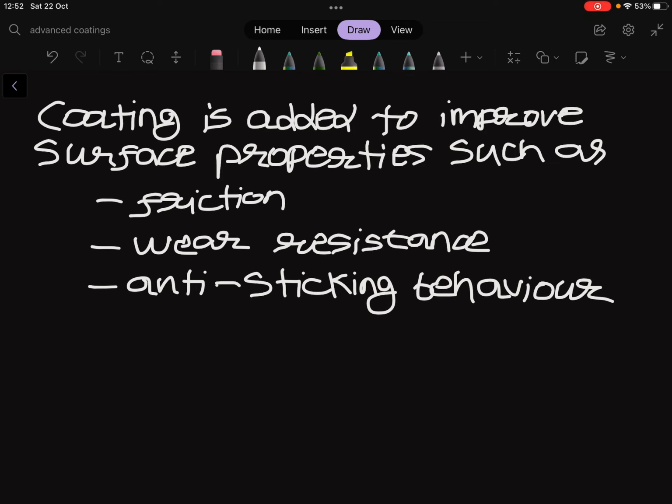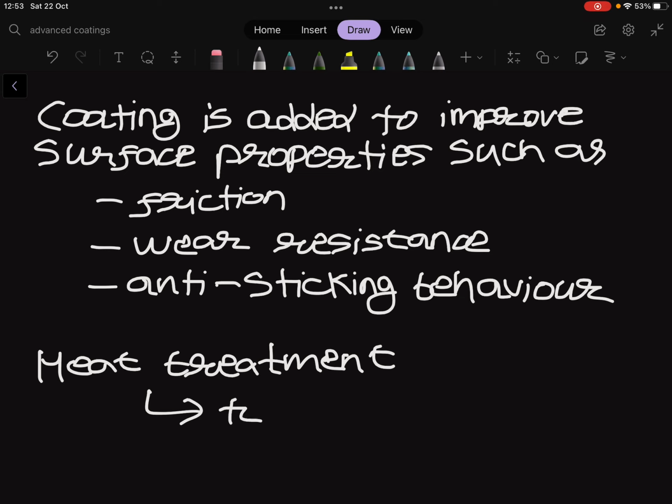So in many cases, these components undergo heat treatment, typically tempering at a low temperature. So this is the final stage for production of our base material.